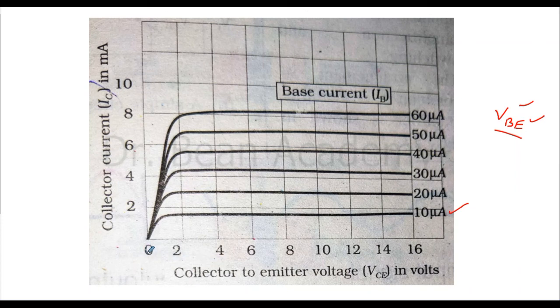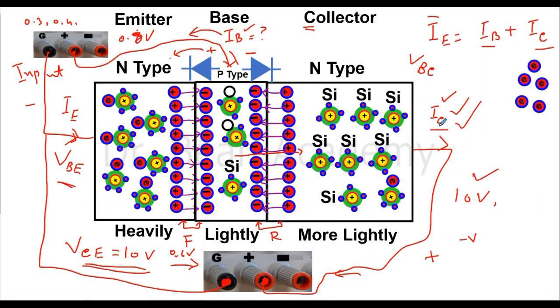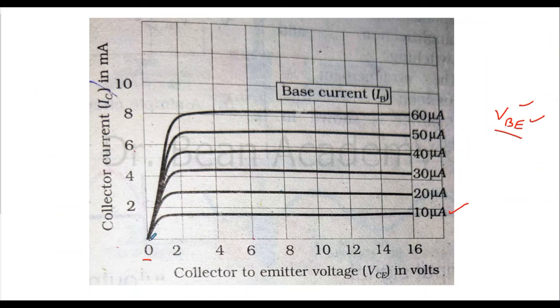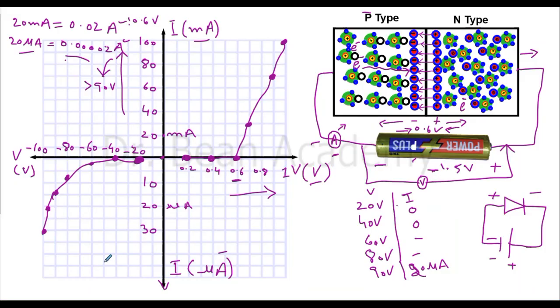So I will set the voltage at 0, and I will measure the corresponding IC current with the emitter in the circuit. So this output characteristic curve tells me that at 0, of course, the output current will be 0.